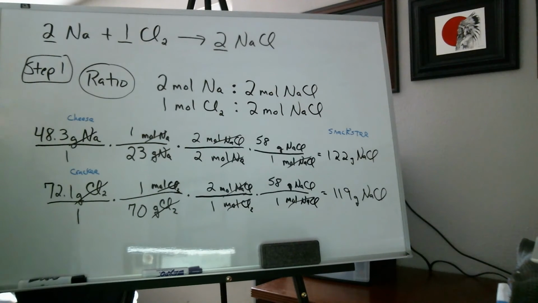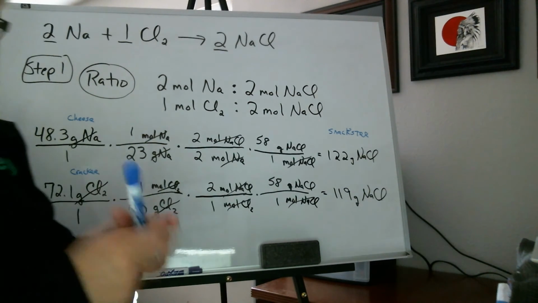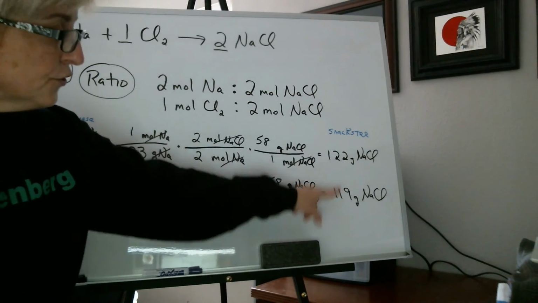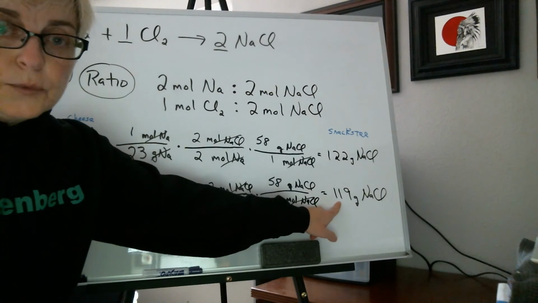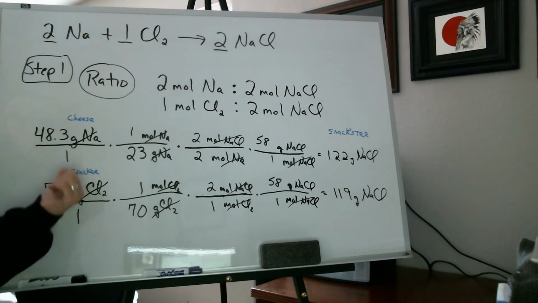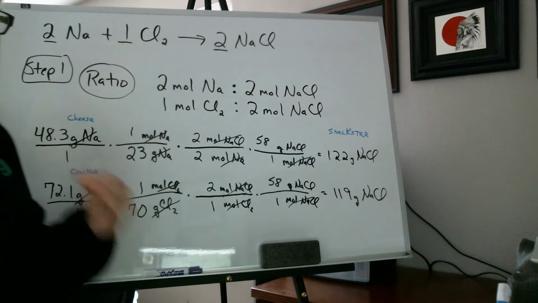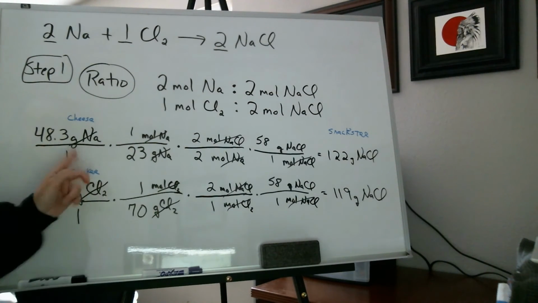Okay, so how many snacksters can we make? Well, of these two, I can only make 119, right? Because then I'll run out of crackers. After 119, I don't have any more crackers. So what am I limited by? I'm limited by the number of crackers.